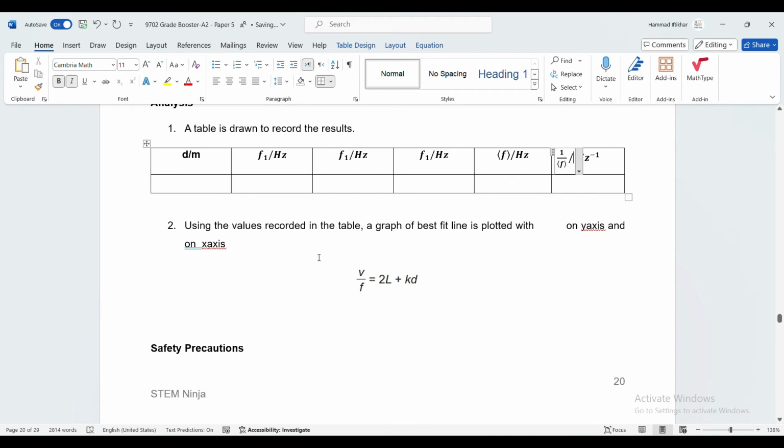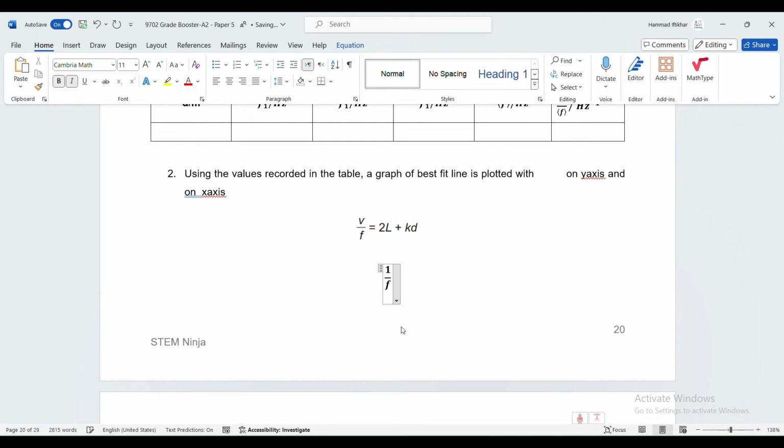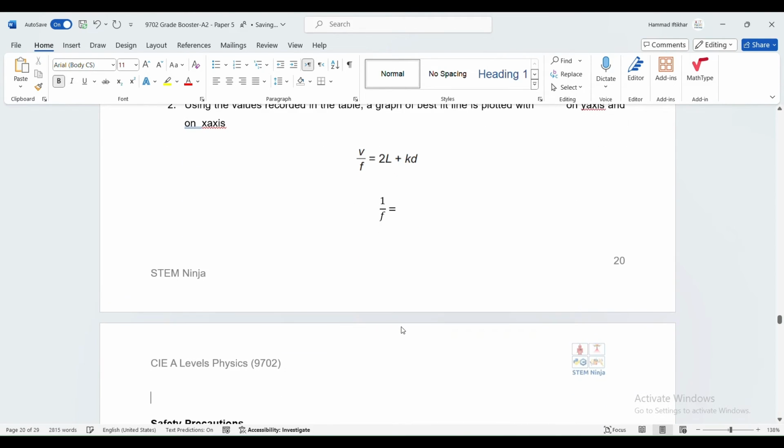Right. Okay. So what we can do is rearrange this equation just to see how it becomes. V can be multiplied on the other side. So this becomes 1 over f equals 2L over V plus DK over V. Right, okay.